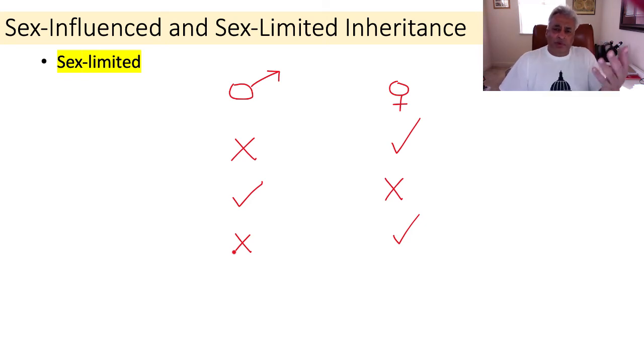And the example that most textbooks give is bird plumage. So male birds have a lot of plumage that they use for behavioral attraction of females. And the female is very drab in comparison. Okay, so we find that quite common in birds, but it's found in many other systems too. So that's what sex limited means.